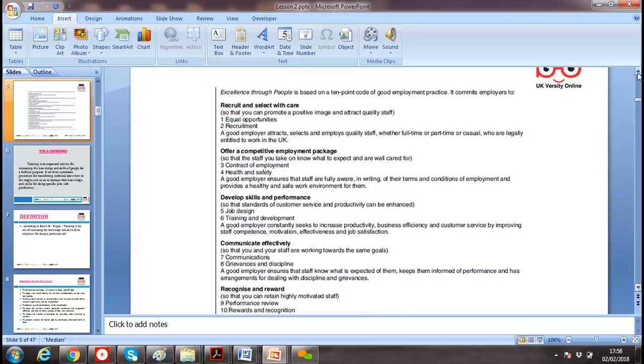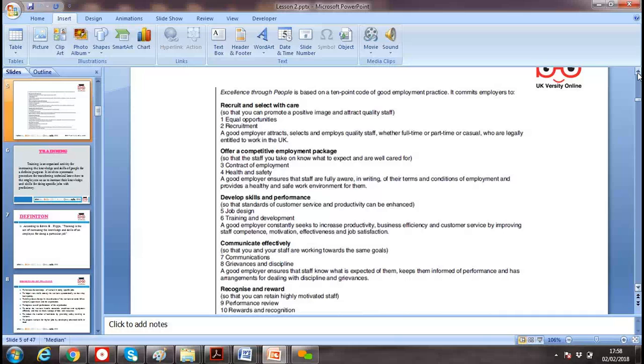On performance, we need to look at how, as an organization, we need to develop. Job design, clear roles and responsibilities, job specification, training and development. A good employer consistently seeks to improve productivity, business efficiencies, and customer service by improving staff competencies, motivation, effectiveness, and job satisfaction.